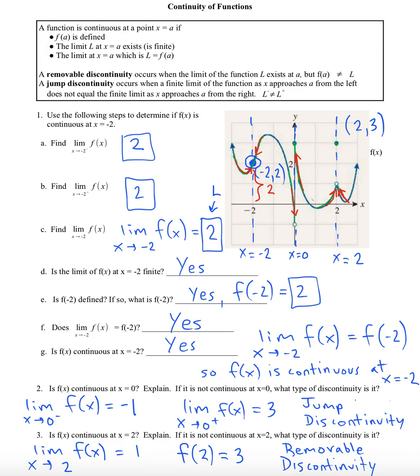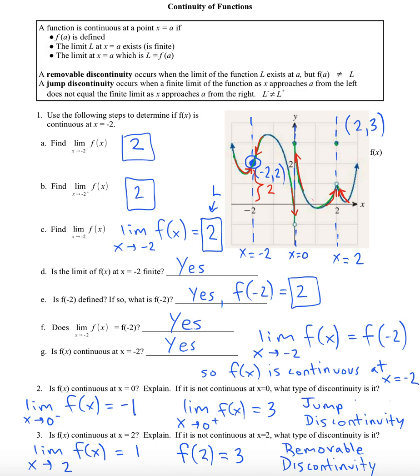The reason it's called removable is that it would be fixable by changing the output of the function to a new value. So right now, f of 2 is 3. But if we had made f of 2 into a 1, then we would have had continuity.